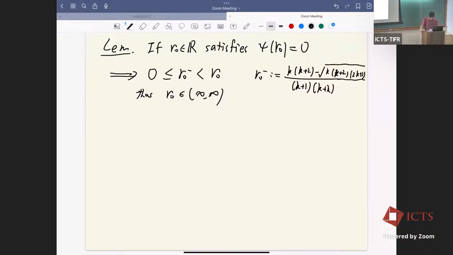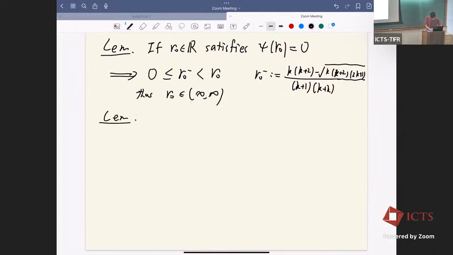This is quite complicated. Anyway, by this, we can see that psi has no root for negative values of R.